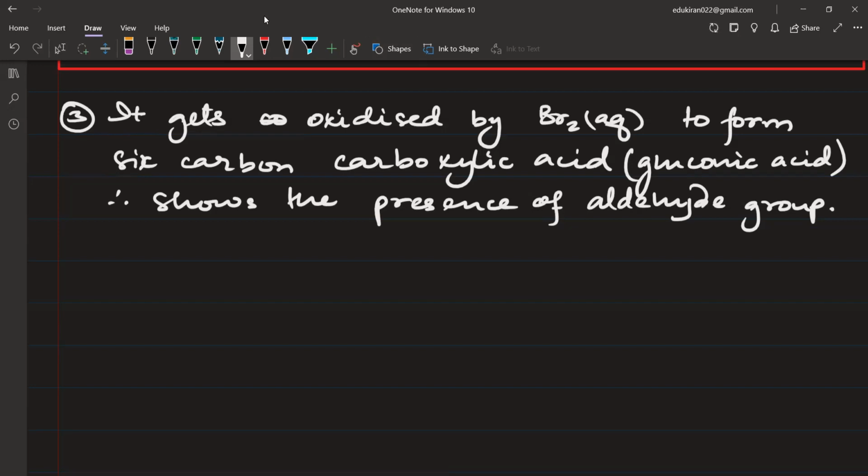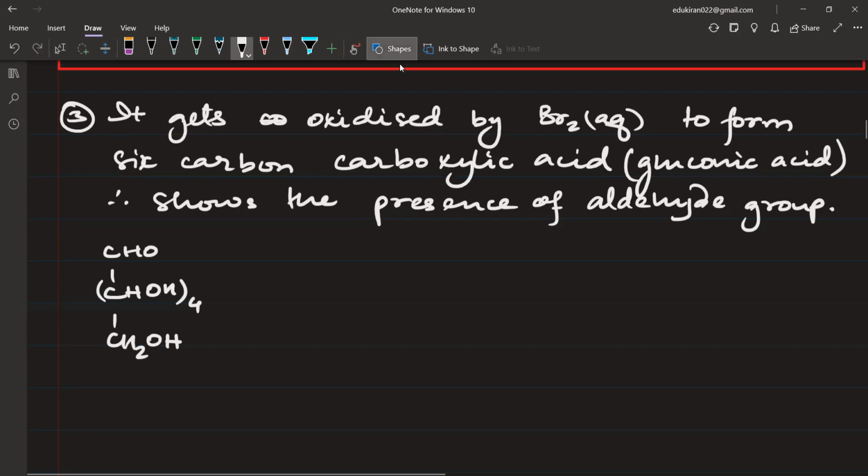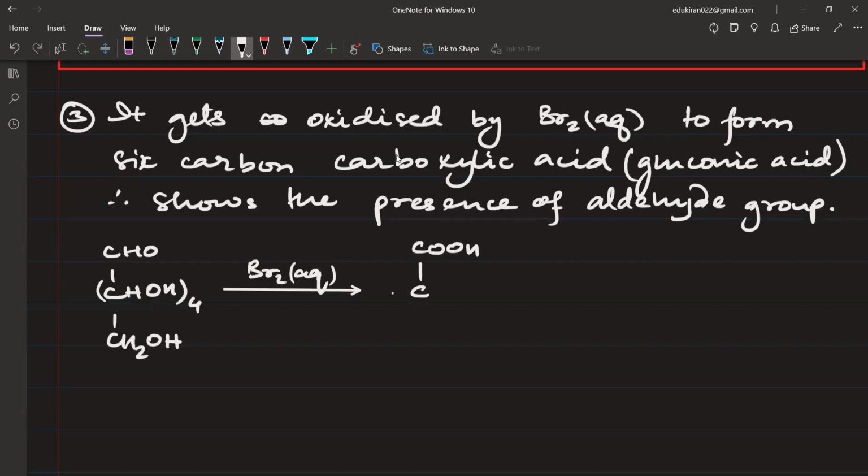So please see, you have CHO, you have CHOH 4 times followed by CH2OH, and when you oxidize it in the presence of Br2 aqueous bromine water, you will get COOH. The rest of the things will be same, CHOH whole 4 and CH2OH.